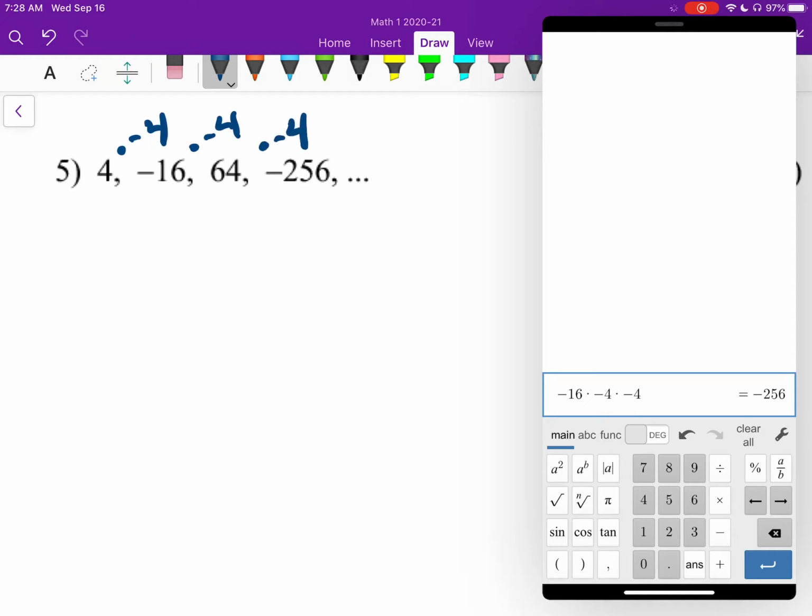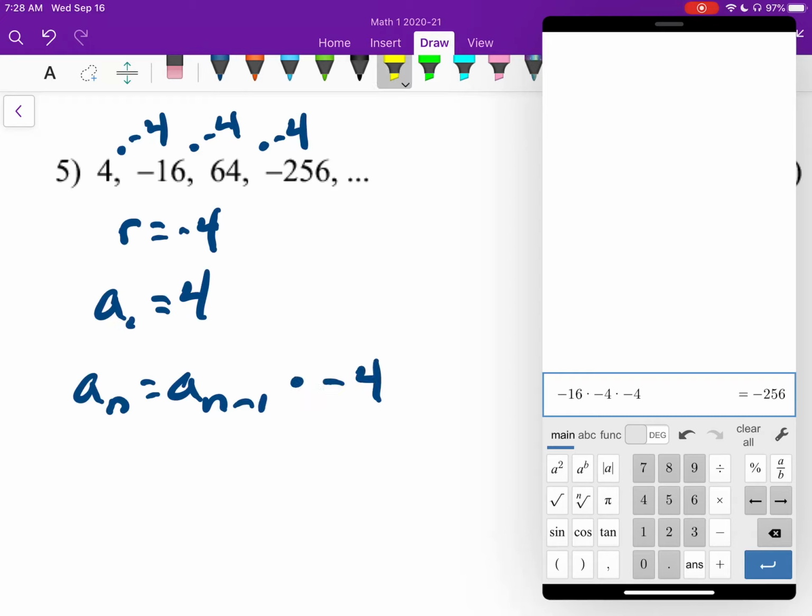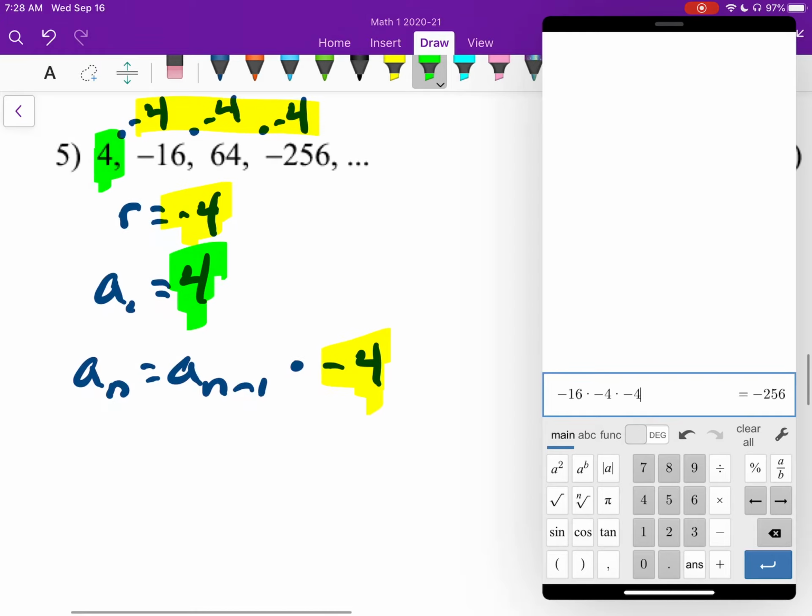And here's another times negative 4, so we're good. So r equals negative 4, a sub 1 equals 4, and a sub n equals a sub n minus 1 times negative 4. These 4's, that 4, and that 4 are the same 4. This 4 and this 4 are the same 4's.